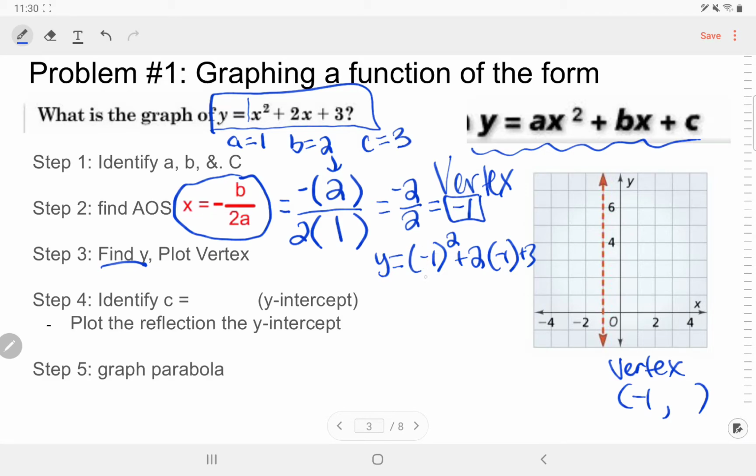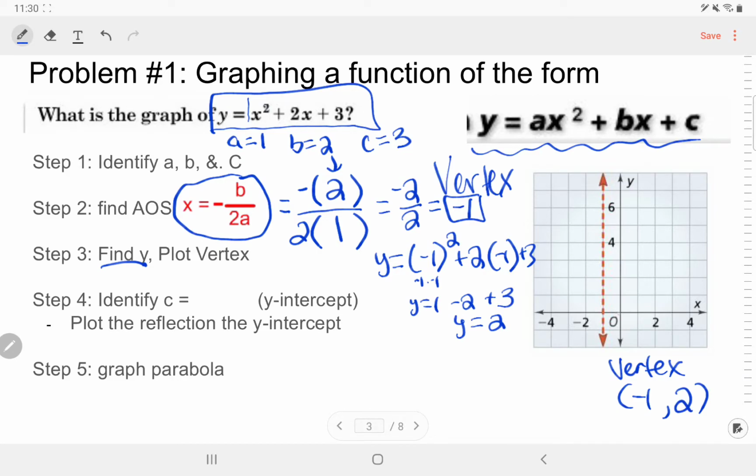Negative 1 squared is the same thing as negative 1 times negative 1, which is positive 1. And then 2 times negative 1 is negative 2, plus 3. So our y value is 1 and 3 is 4, minus 2 is 2. So now I know my y value for my vertex is positive 2.